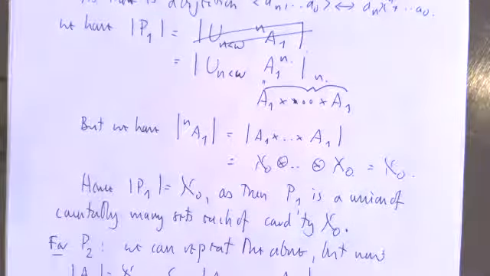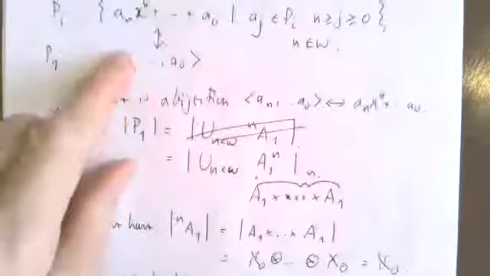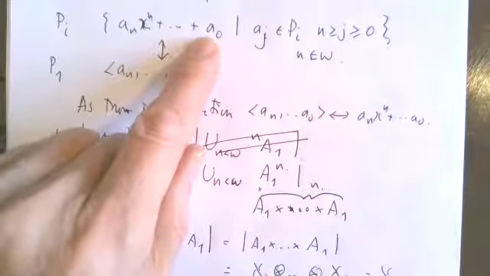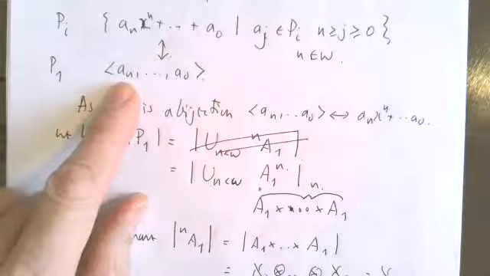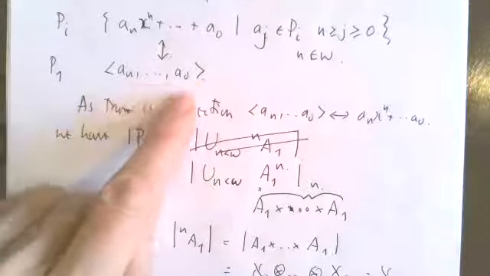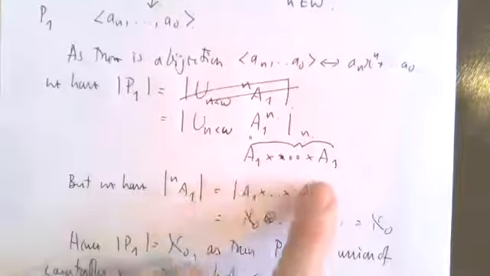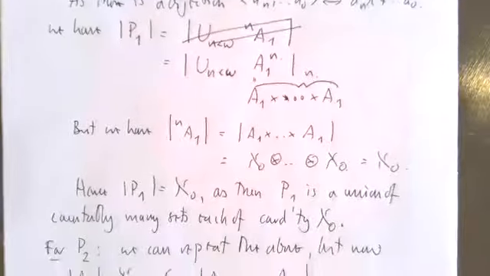Strictly speaking, the wording of the question was, are there not functions from n into A that are not polynomials? Well, yes. But we are recognizing the fact that every polynomial corresponds to a function from some natural number into A1, and it's this sequence here. I think of this sequence as being a member of this Cartesian product. So these things are of the same size.